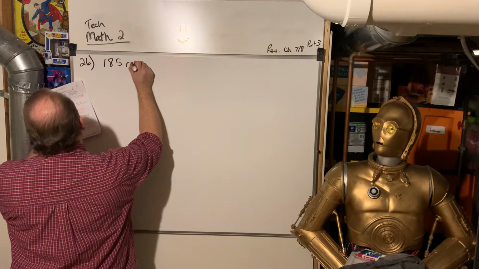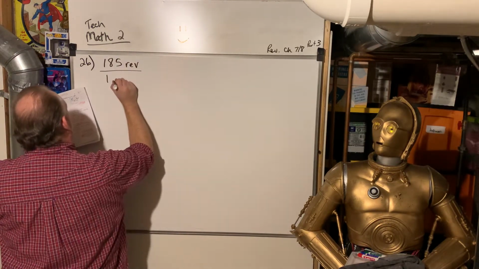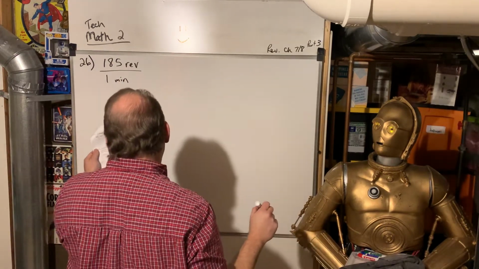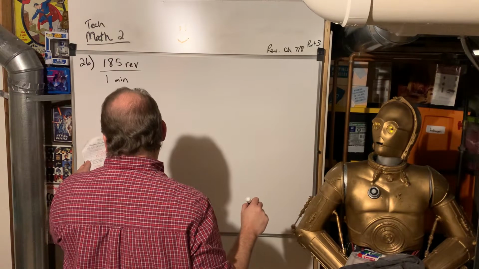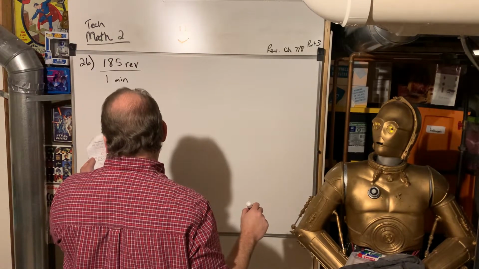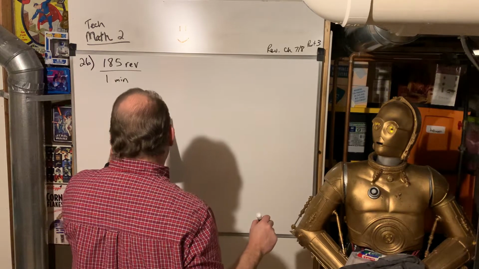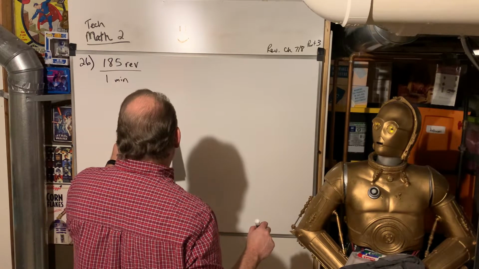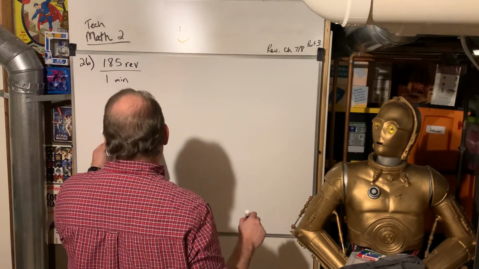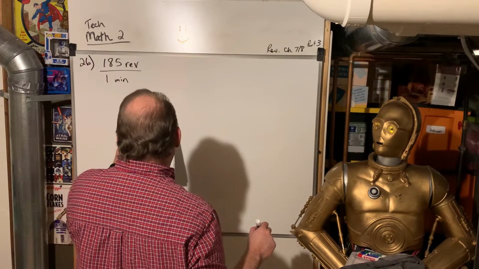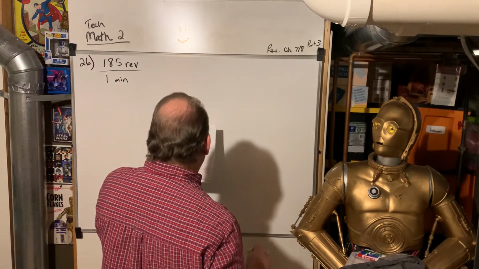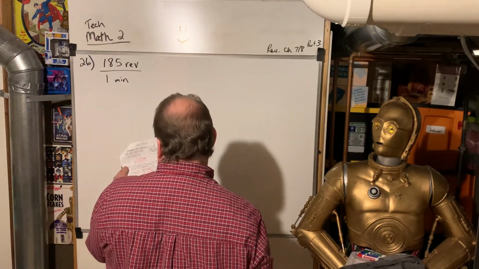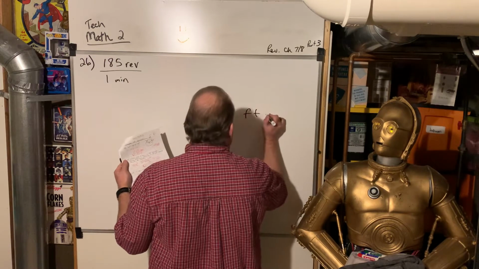Okay, let's look at 26. They gave us 185 revolutions in 1 minute, but they want it in feet per minute.